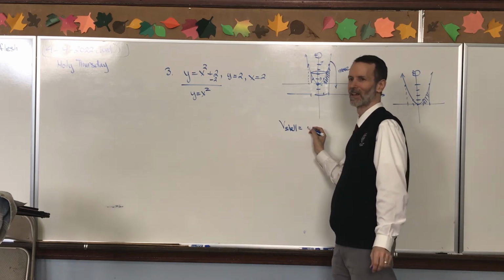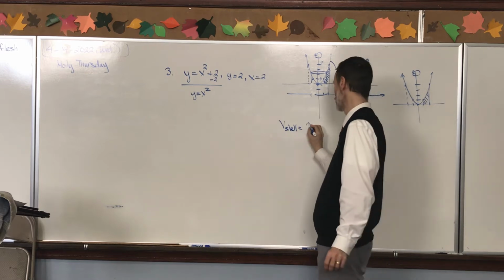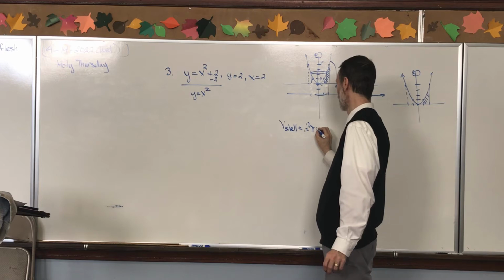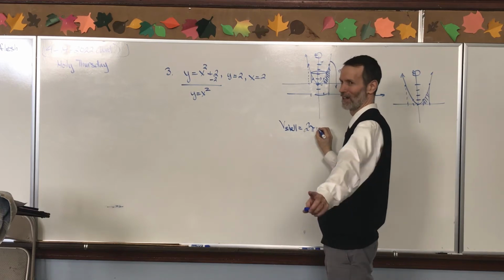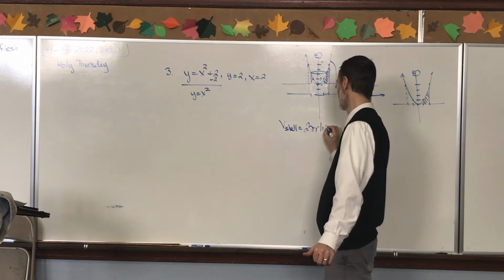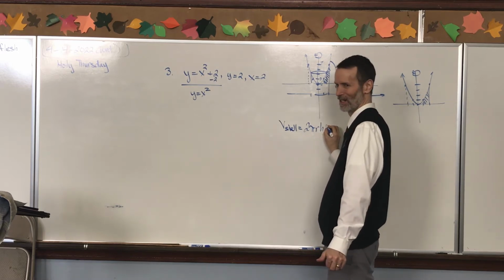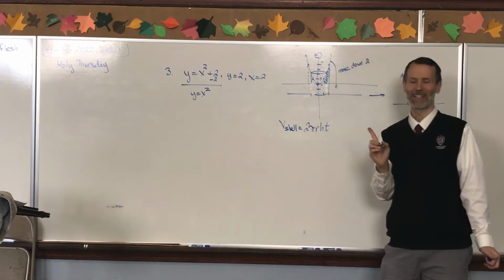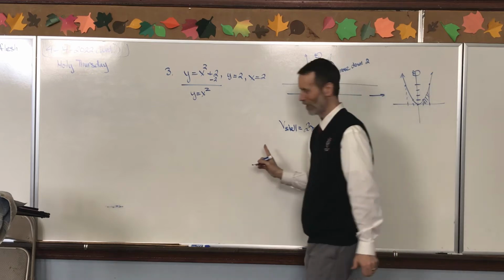Starts with something else. 2 pi. H. Close. Want something right before that. R, H. One last letter. T. 2 pi RHT. Memorize that. That's the volume of a shell.